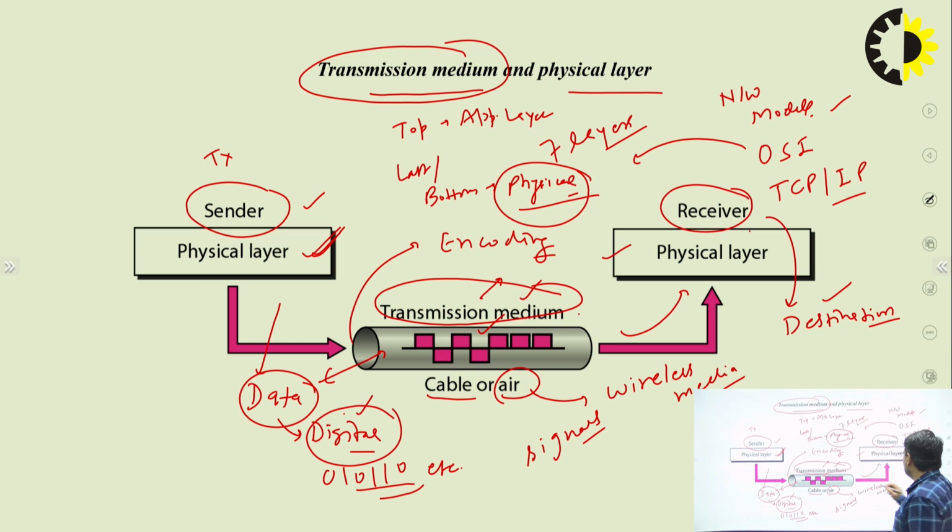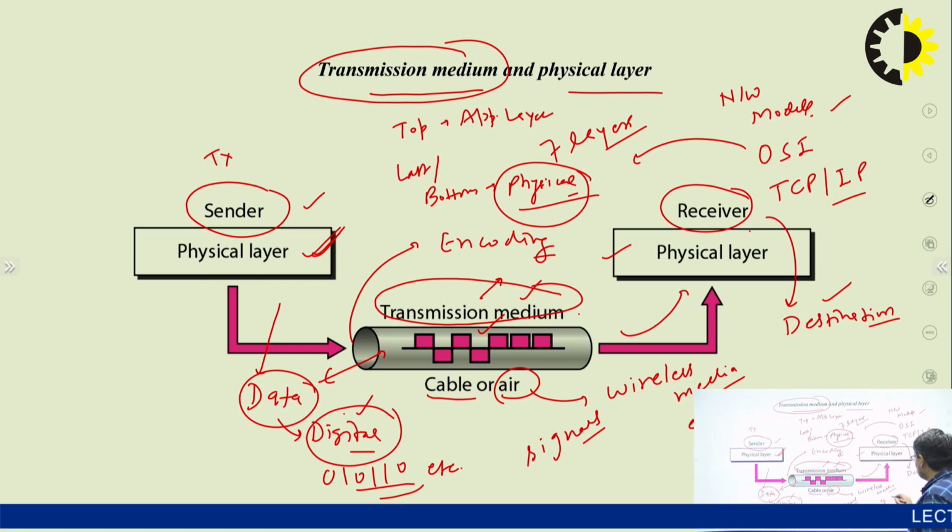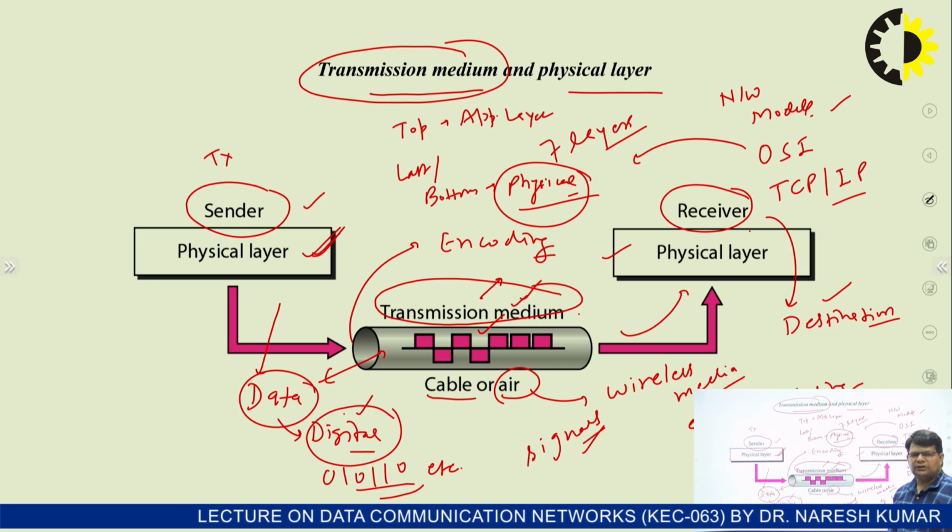For example, line coding techniques can be used for converting the data or message into the signal, so that the signal can propagate from one side to another through the transmission media.